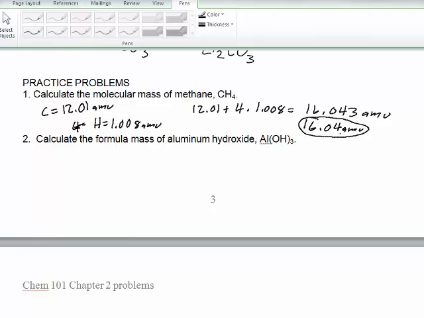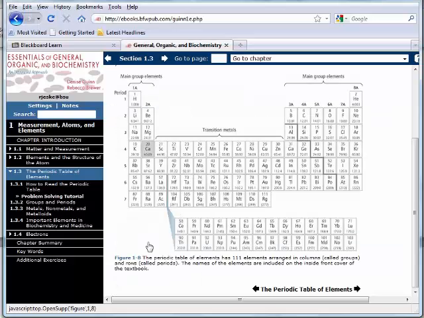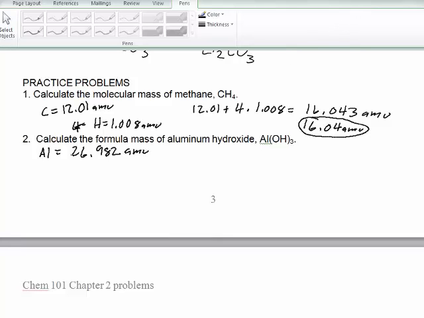1 molecule, 16.04 AMU. So the formula mass for aluminum hydroxide, aluminum, 26.982 AMU. We can check that on the periodic table here. Aluminum, 26.98. So the periodic table I used has another digit on it, 26.98. And we have 3 oxygens, 3 times 16.00. 3 hydrogens, 3 times 1.008.